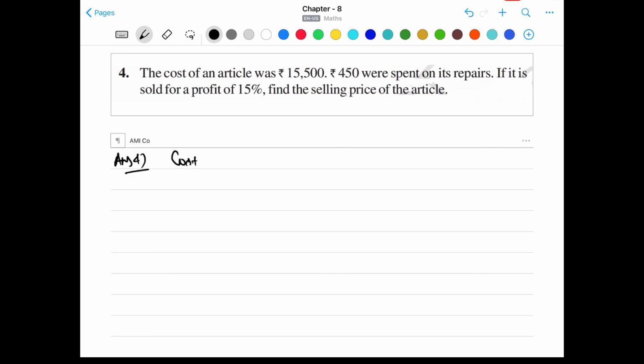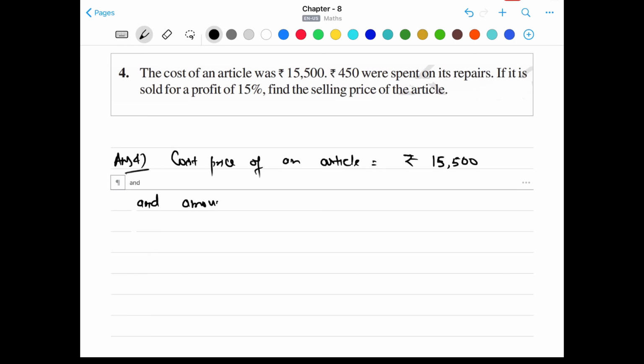First write the cost price of the article, that is answer number 4. We have the cost price of an article given as rupees 15,500, and the amount spent on its repair is rupees 450.